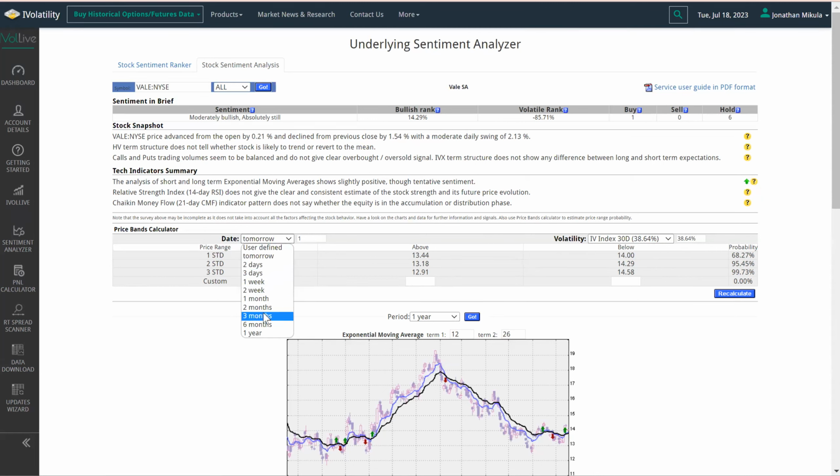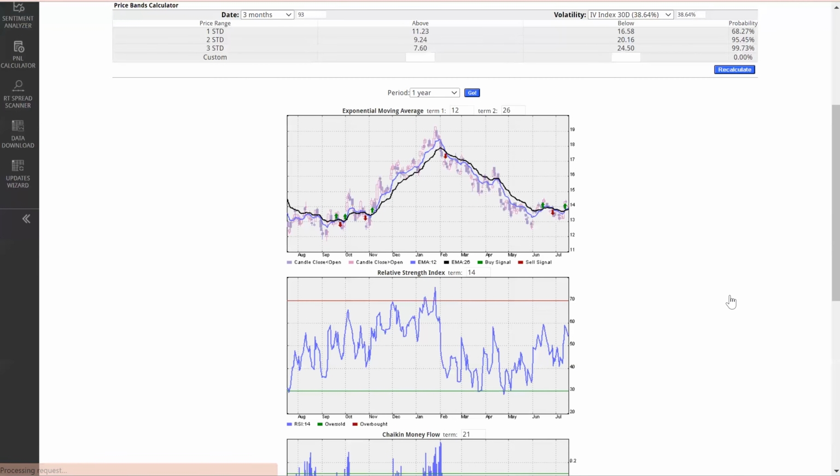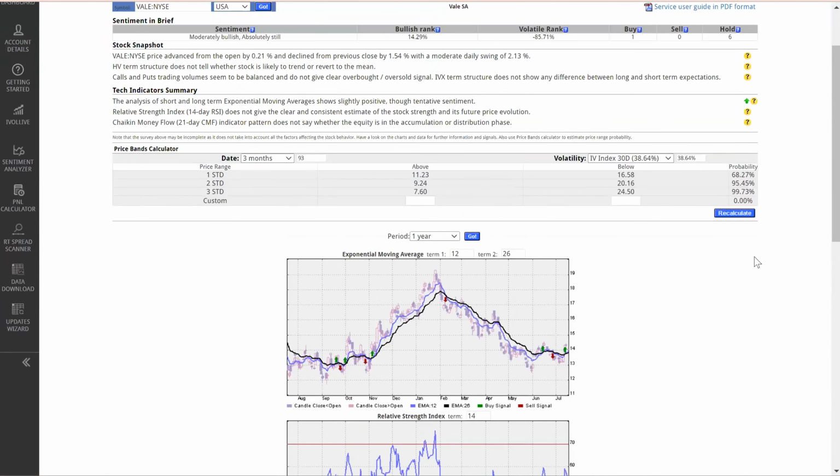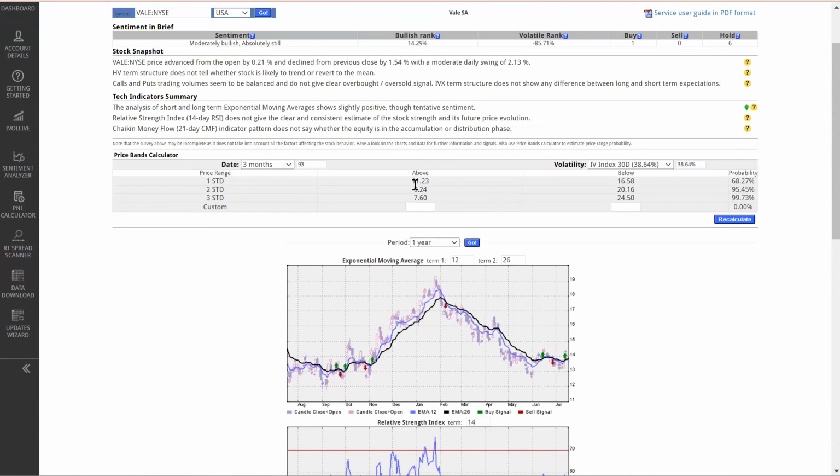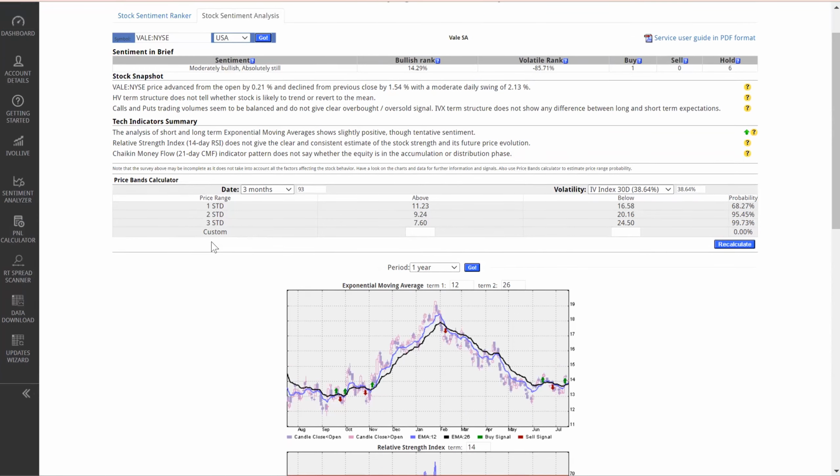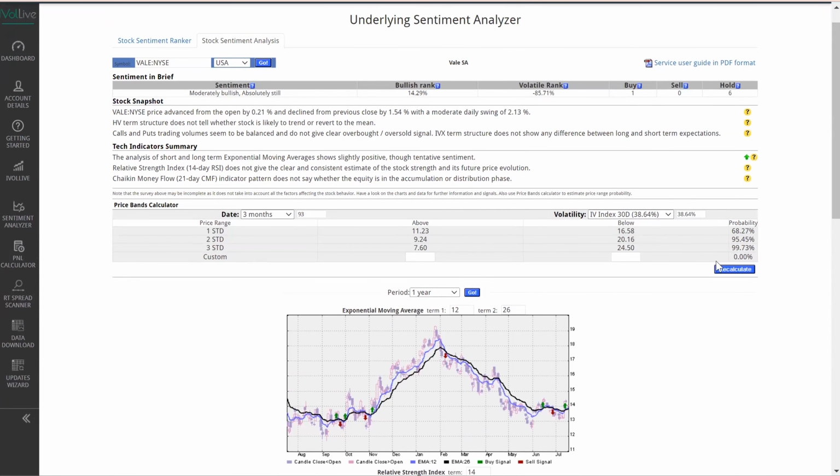We were looking at a 3-month chart earlier when we were in Eyeball Live. So let's go ahead and recalculate that to 3 months. And what you'll see is our numbers have now all updated to the relevant standard deviations. You do not have to be a math major to do that. Our system calculates that for you. And you can see those upper and lower bands have automatically changed.